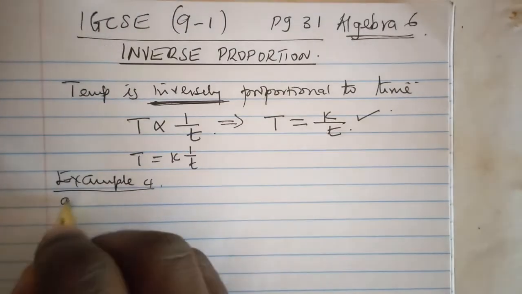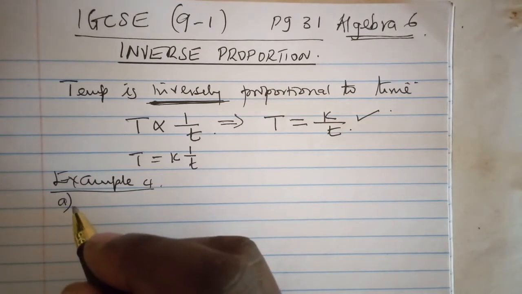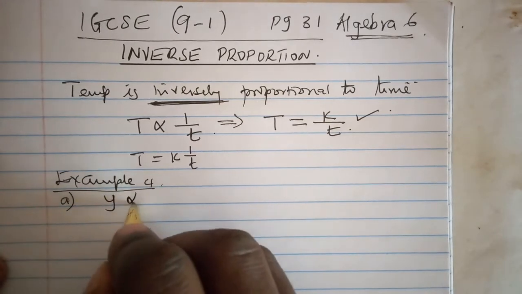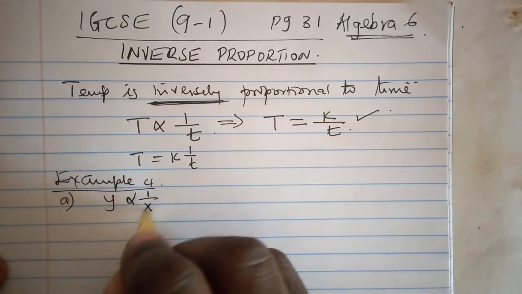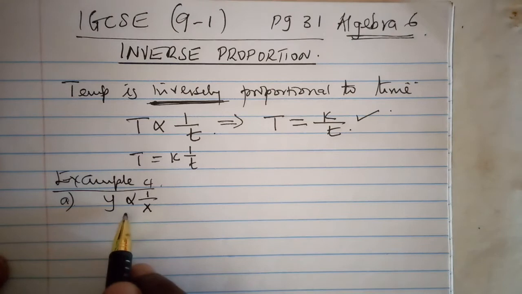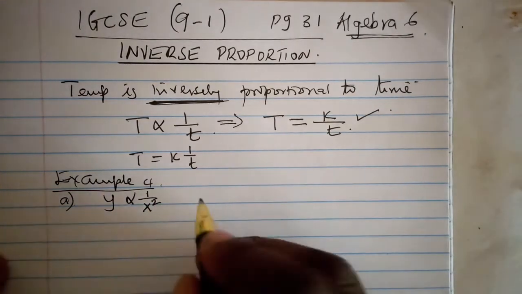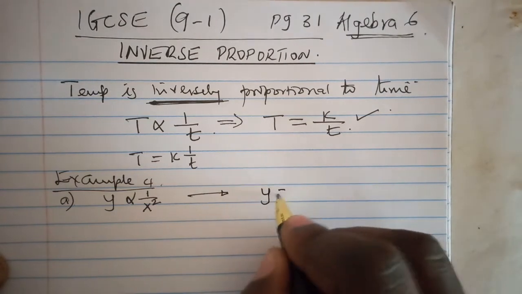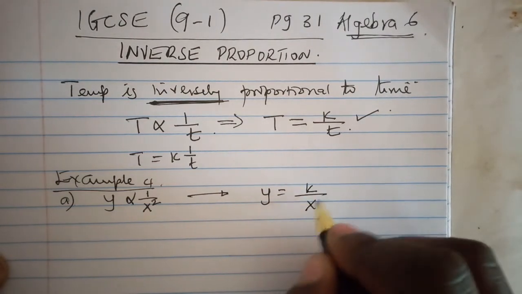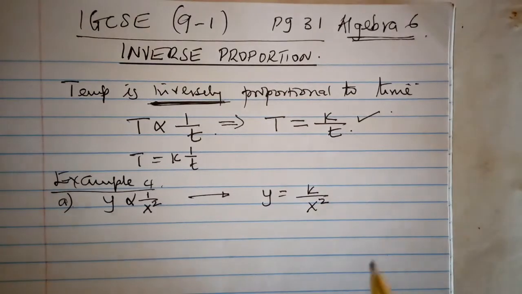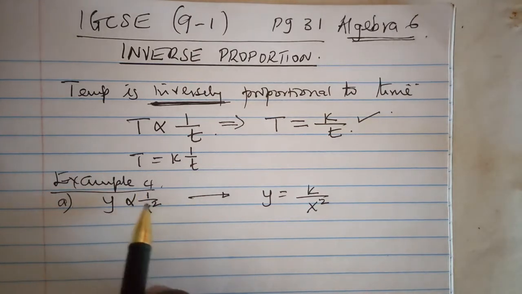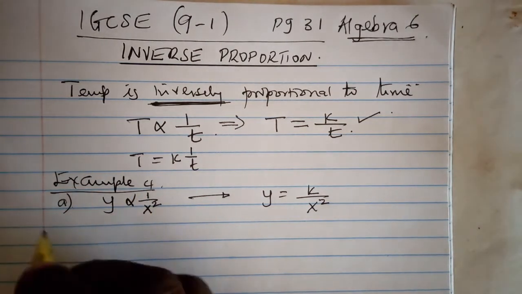Part A: y is inversely proportional to x squared. When we bring in the constant, we are going to say y is equal to k over x squared. Please remember, the existence of the word inverse in that statement brings about the reciprocal.